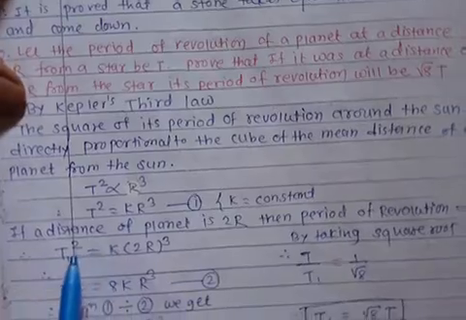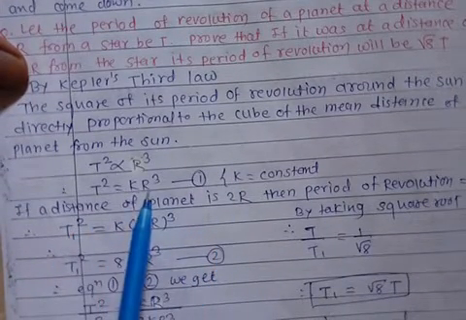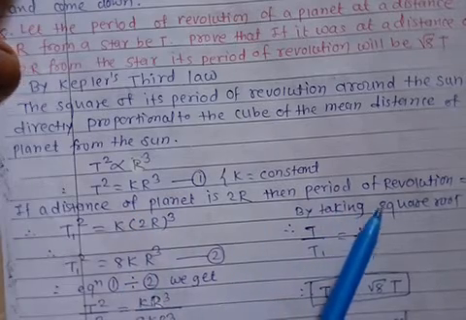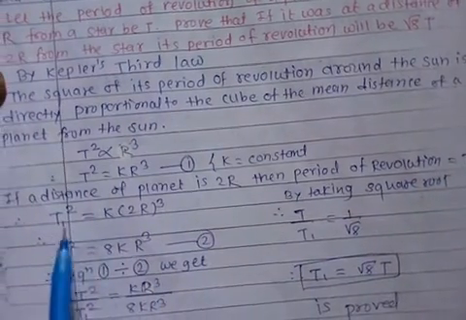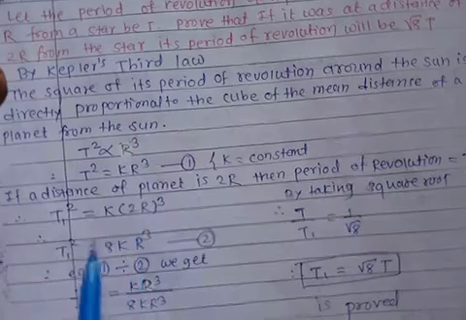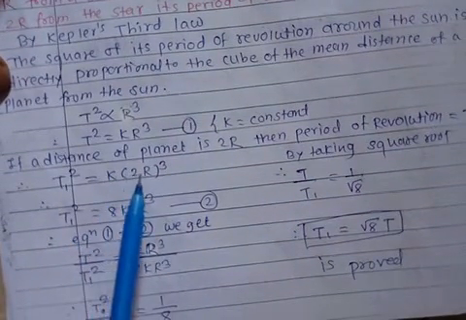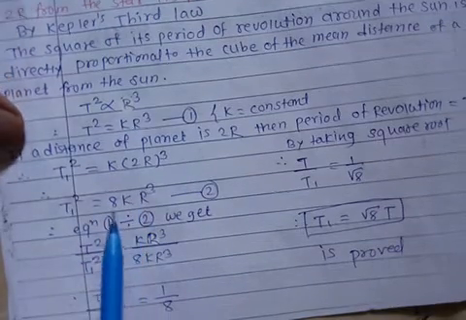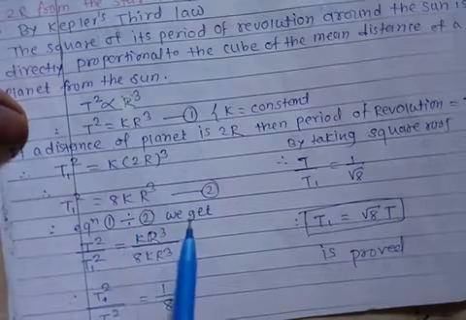K is a constant. If the distance of the planet is 2r, here in the place of r we have to put 2r. The period of revolution we take as t1 for the change. That is t1 square equals k into (2r) cube. Therefore t1 square equals k into 2 cube, which is 8 k r cube. Now divide equation 1 by equation 2.